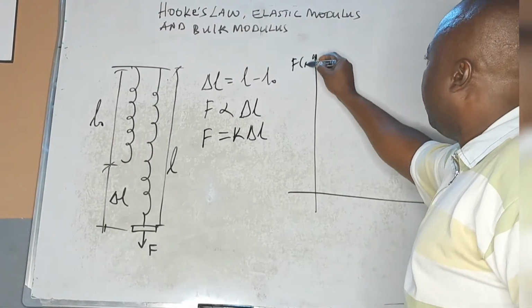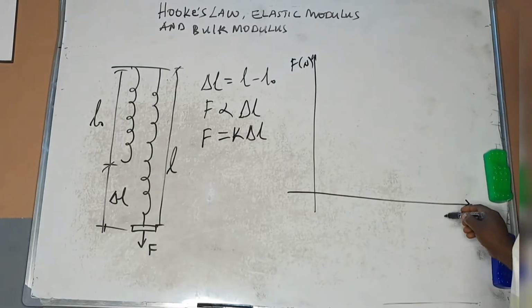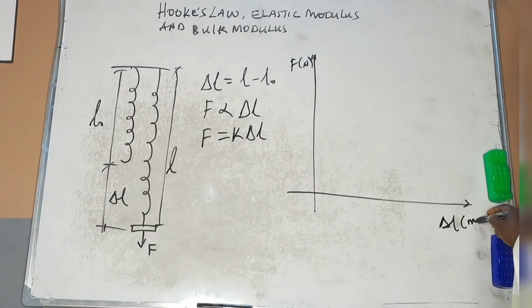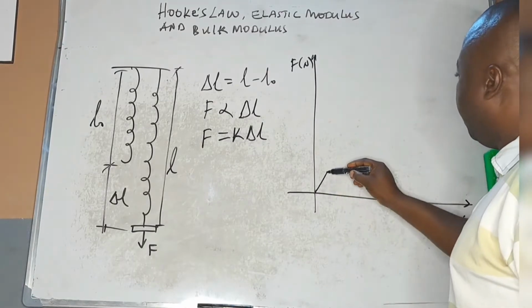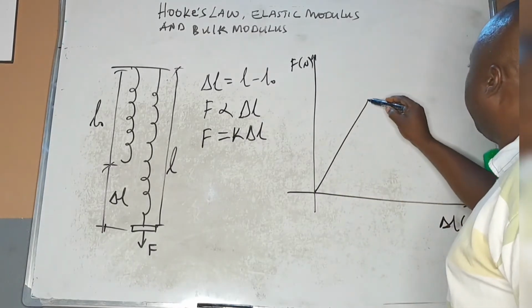Now, Hooke says, and of course it's been verified experimentally, that if you plot a graph of force in Newton against extension in meters, you get a straight line from the origin.